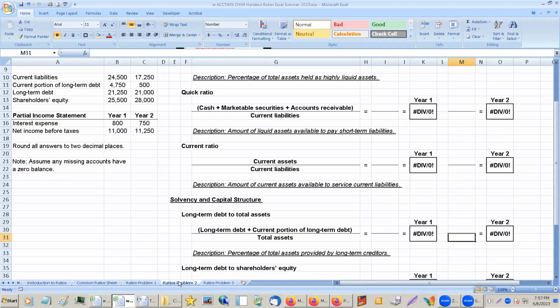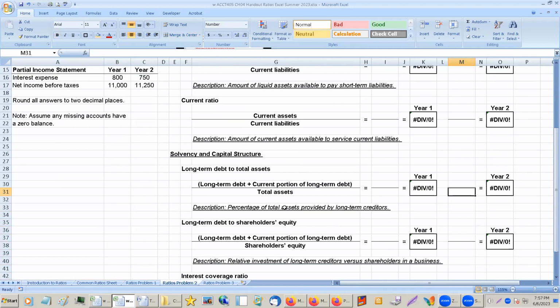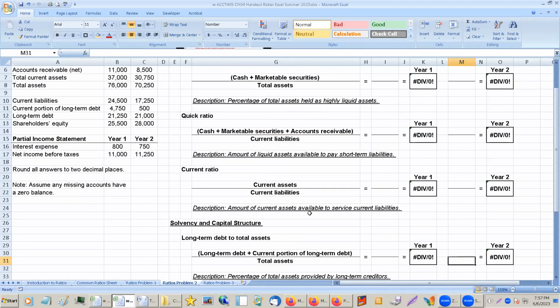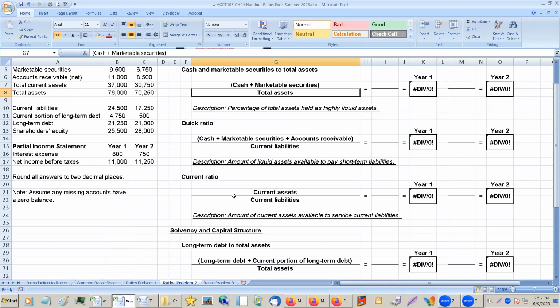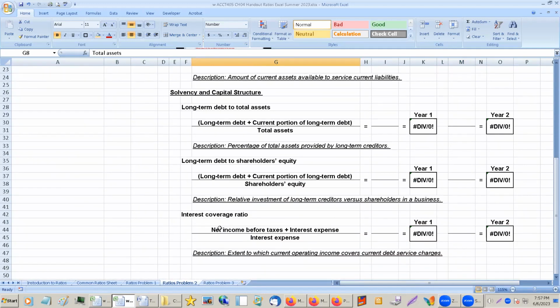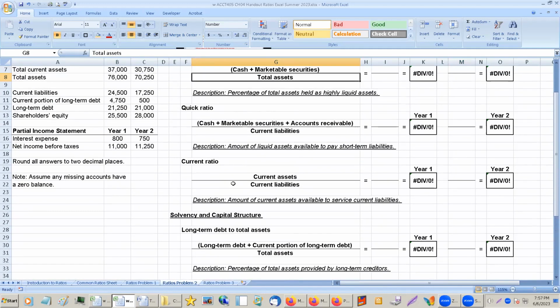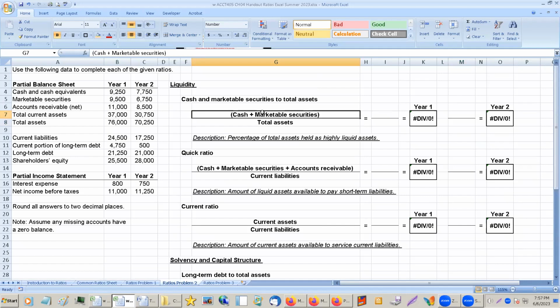Okay, now let's go to the next one. All right. Liquidity ratios. This is basically how can you pay your debt?